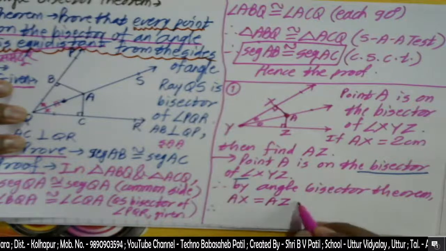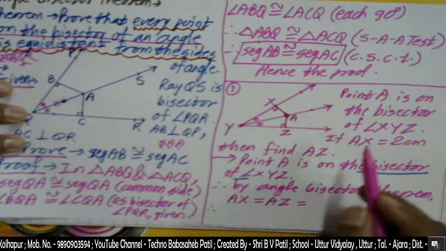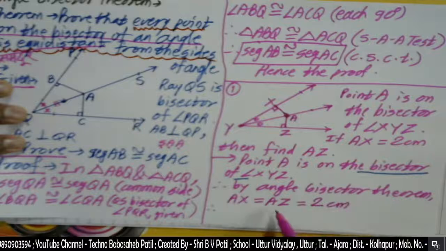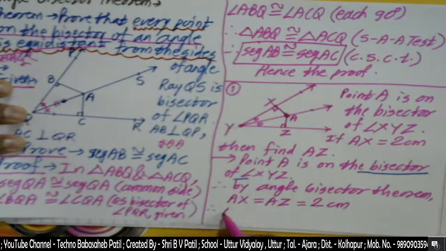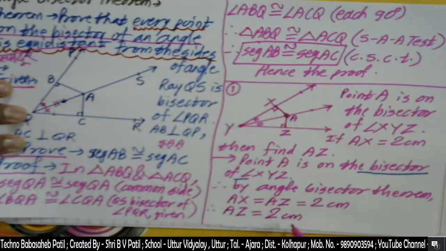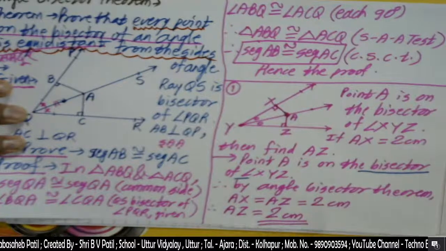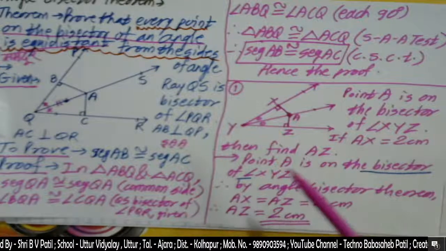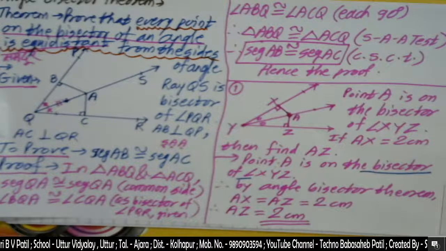Therefore, value of AX is given 2 centimeter, therefore AZ also 2 centimeter. AZ is equal to 2 centimeter. That is the answer. In this way, we can solve that example.